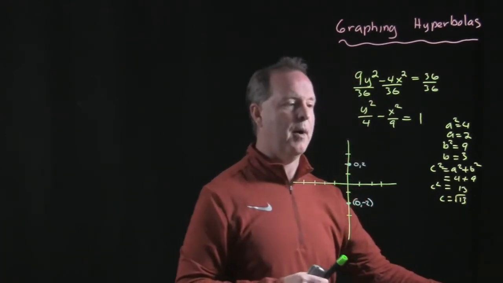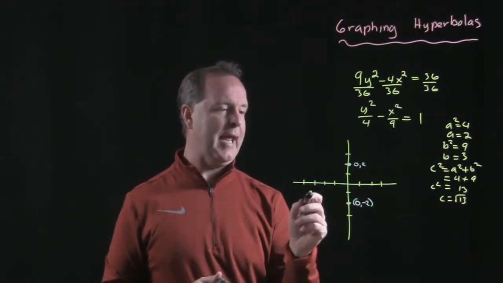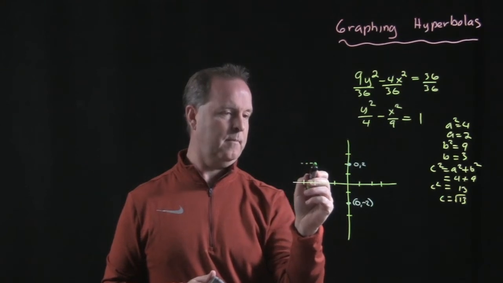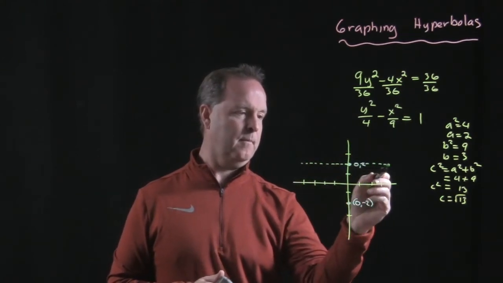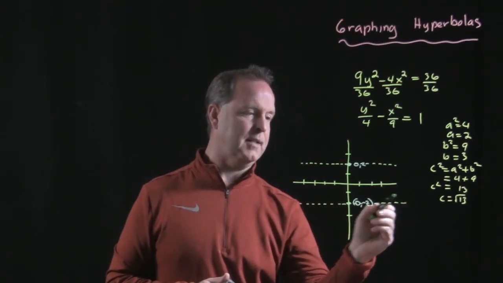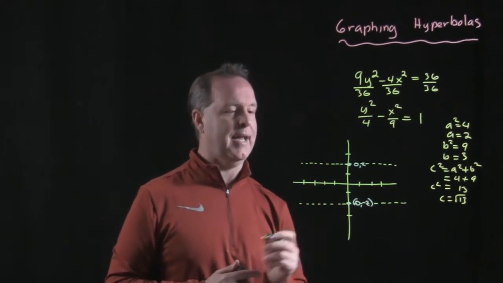Now we can start to draw our box. Our box is defined by the lines y equals plus or minus a, which is 2, and then plus or minus b, which in this case is x equals 3.